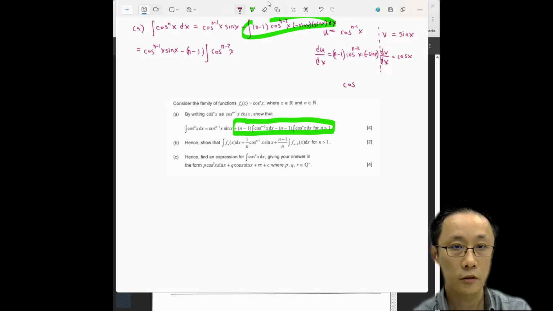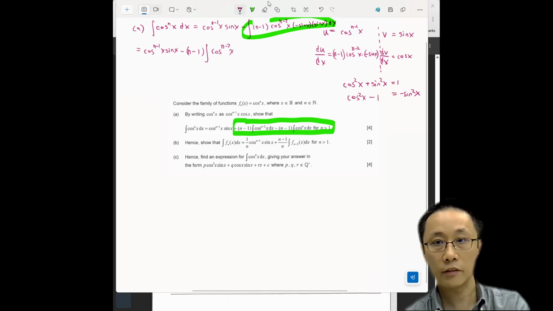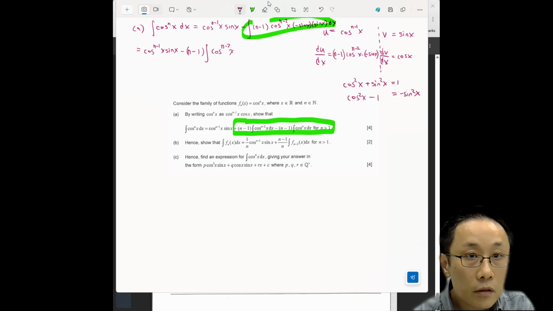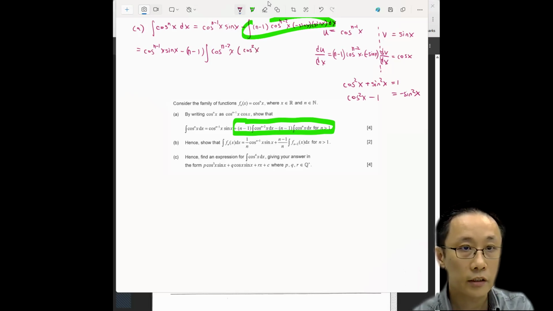So cos square x plus sine square x equals to 1. We can show that negative sine square x equals to cos square x minus 1. And I deliberately include a negative on the right hand side, because I can now replace negative sine square x as cos square x minus 1.